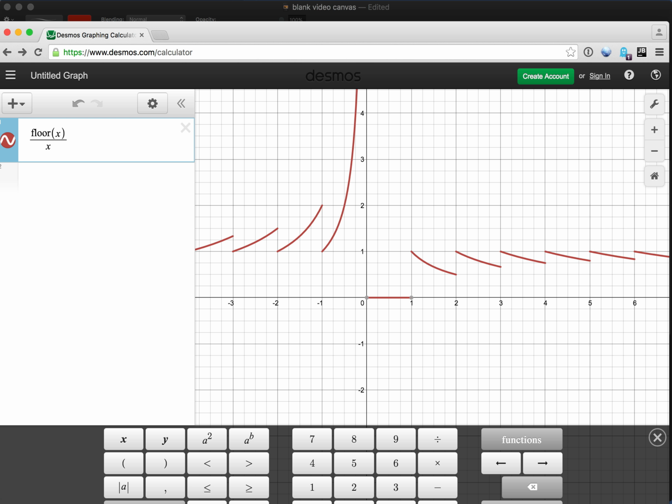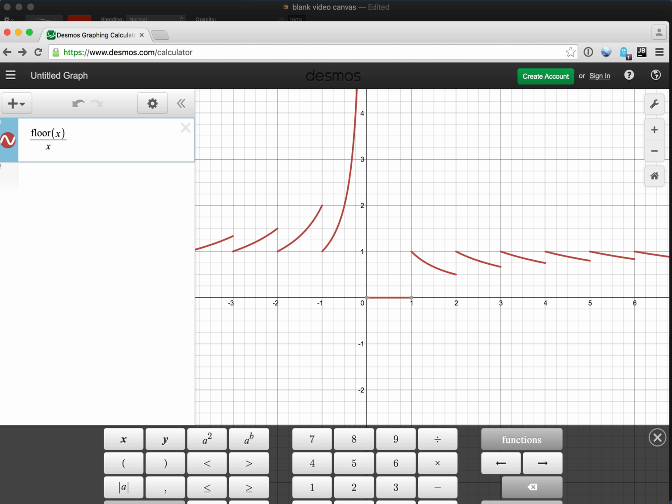Which it is, right? And then the limit as x approaches 1 from the right, that's 1, right? It's a funny looking graph, right? Why is it so freaky after 1 or before 0? Why does it go infinite?